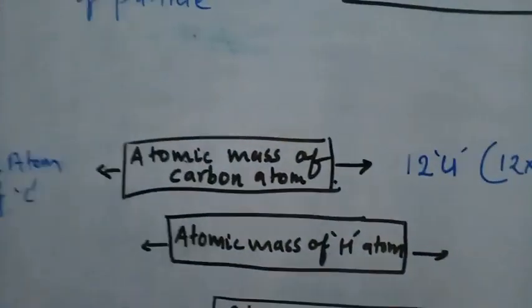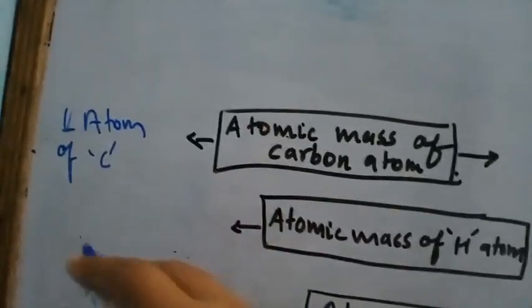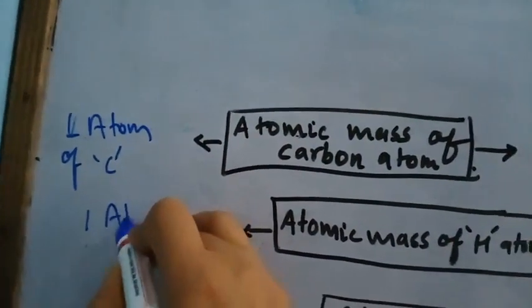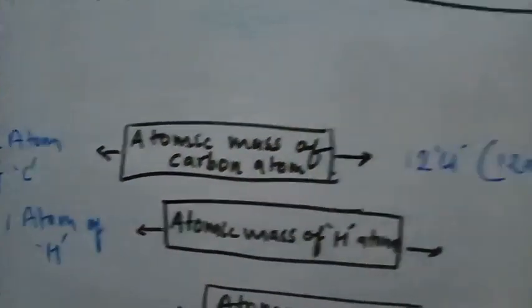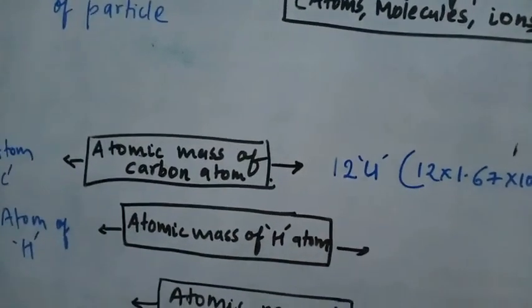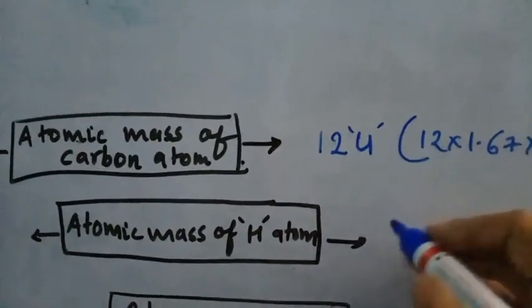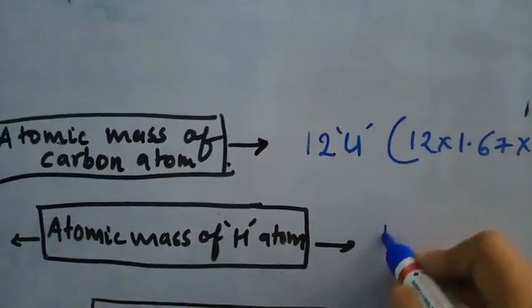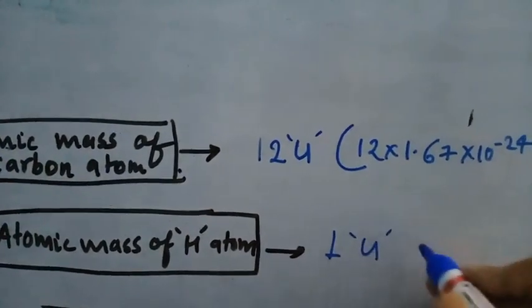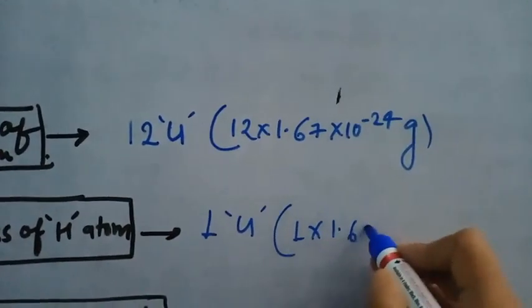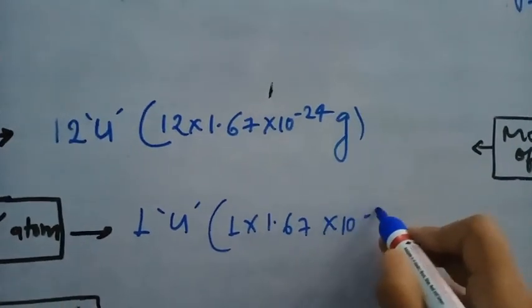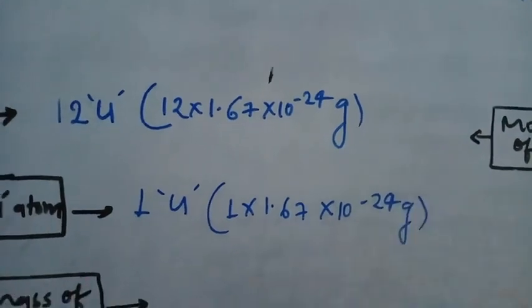Similarly, atomic mass of hydrogen atom means 1 atom of hydrogen, its mass is 1 u, and in gram you can show it as 1 into 1.67 into 10 to the power minus 24 grams.